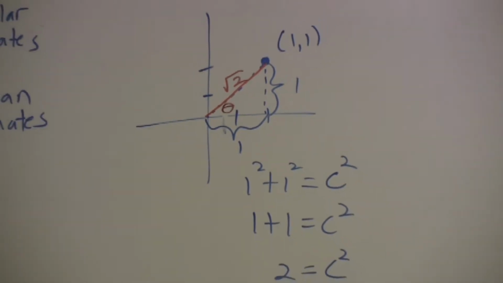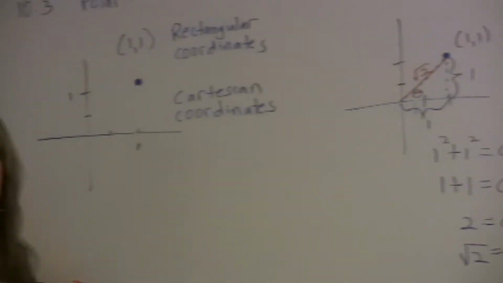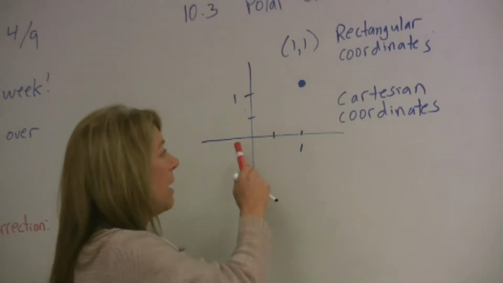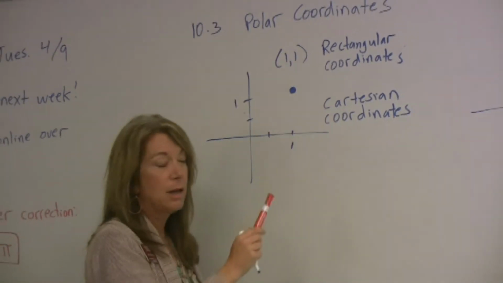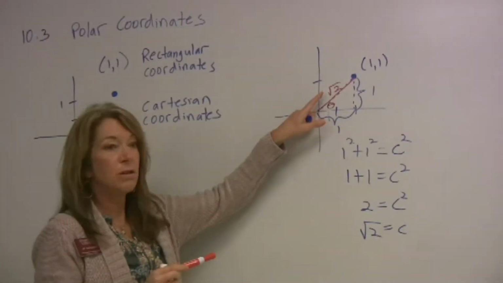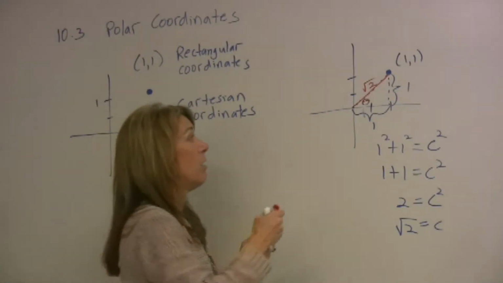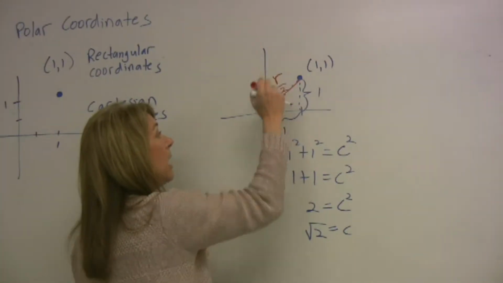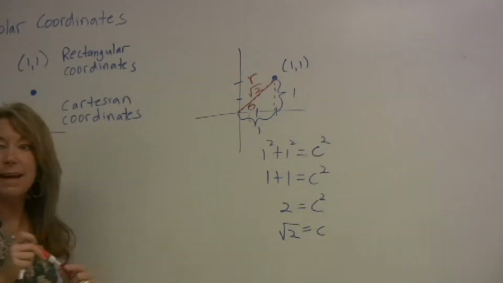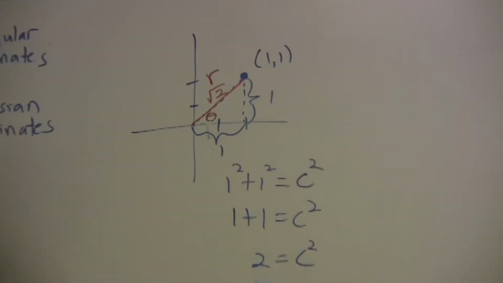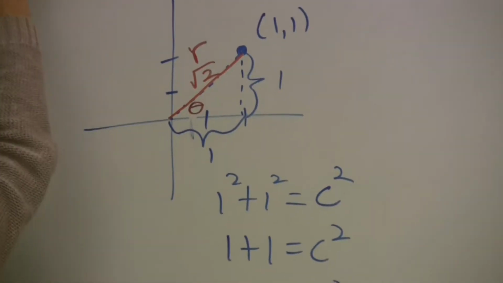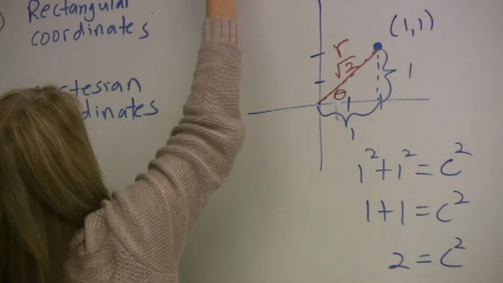So this is what polar coordinates do. Instead of talking about tell me x and tell me y, it wants to know what's your distance from the origin, which we're going to call r, and what's your angle that you make with the x-axis. So polar coordinates are always going to be r and theta.